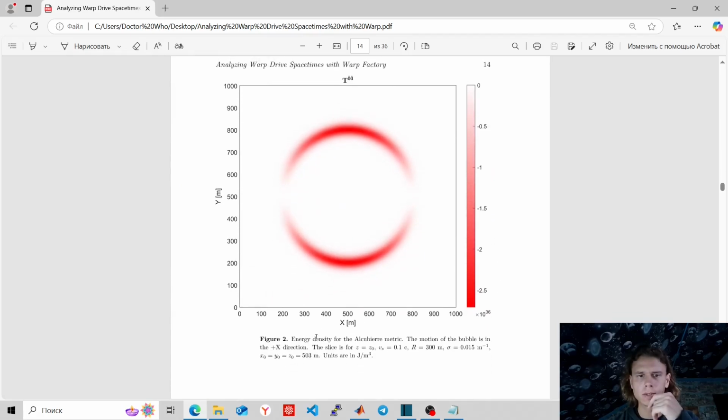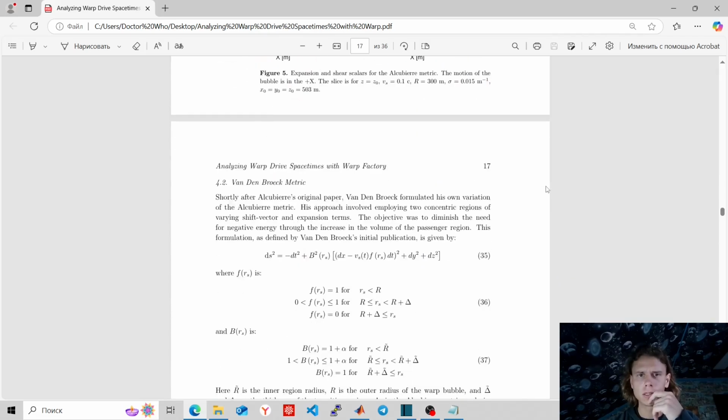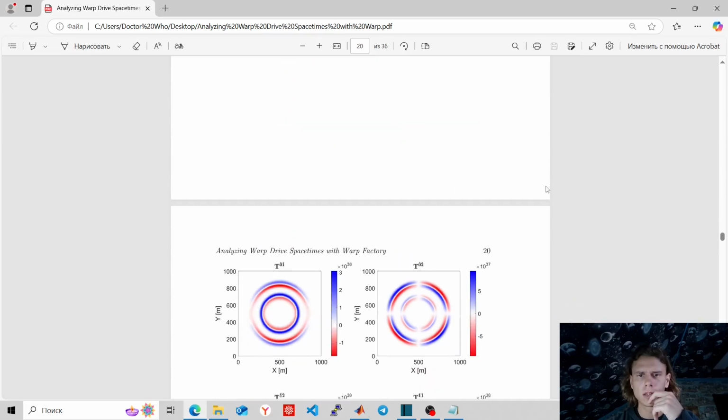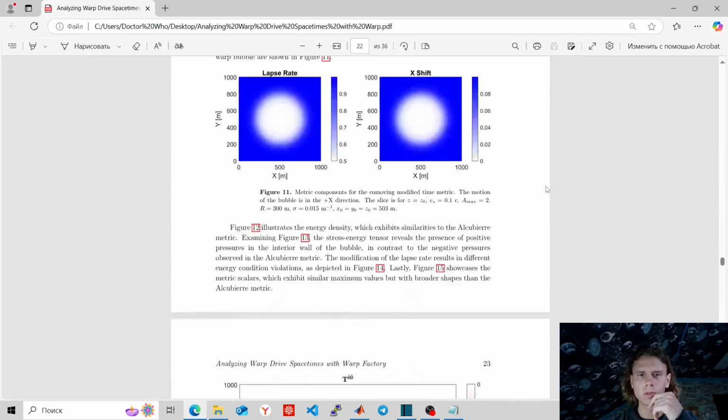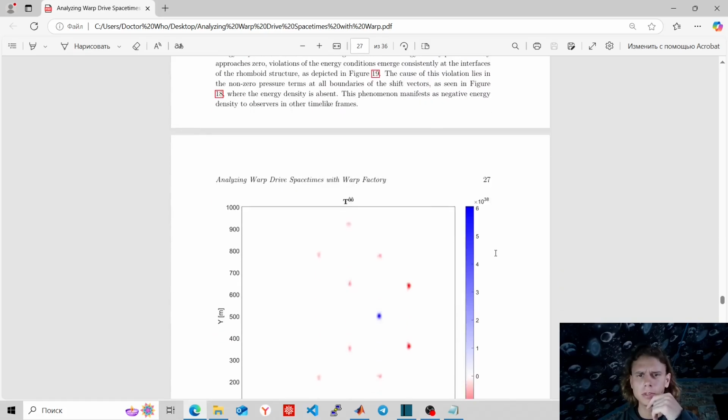For example, this is the energy density for the Alcubierre metric, 0 components, and other metrics are also shown here, and this is the Lentz metric.